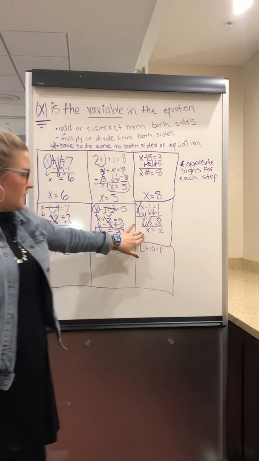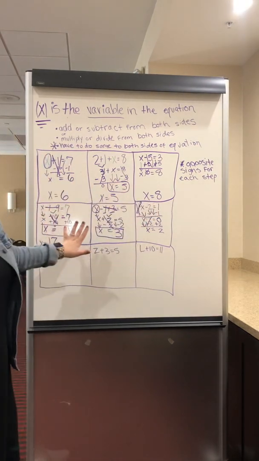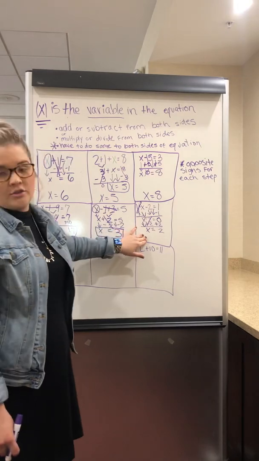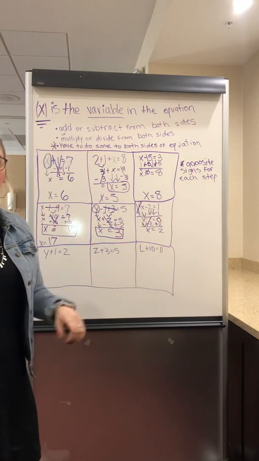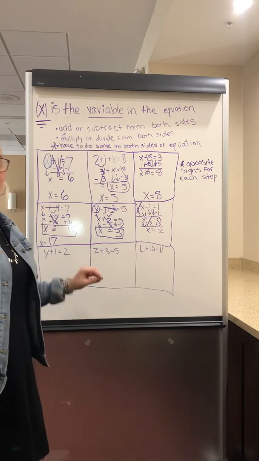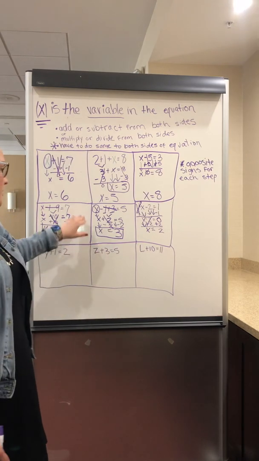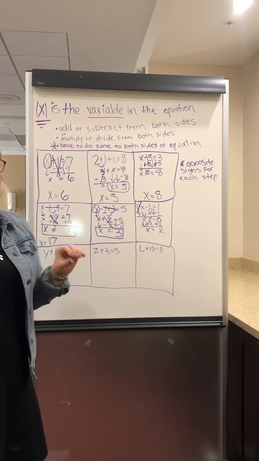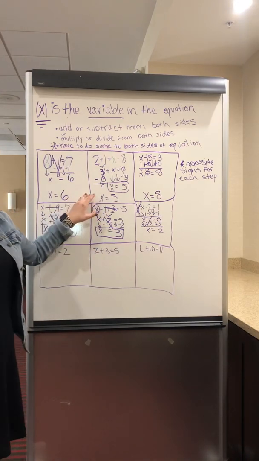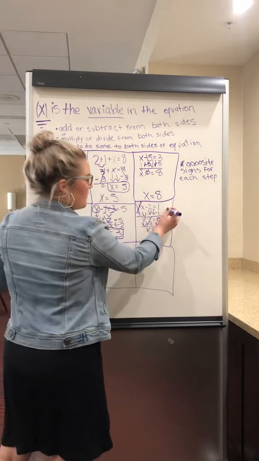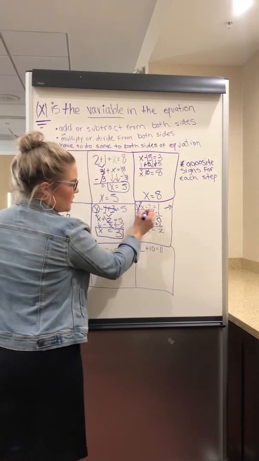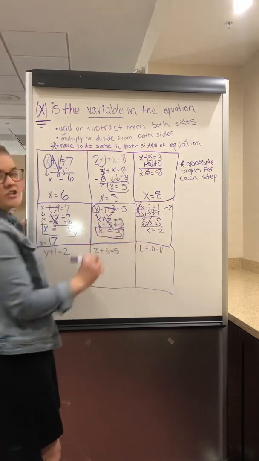I wanna show something on this one, which is the same for all, but since we are now to the end of our x variables, I wanna show how you check your answer. Checking your answer should be done after you complete every single equation. You always want to make sure you're right if you have the chance to show that you're right. So here we go. Let's write the original equation out to the side because we're going to check our answer.